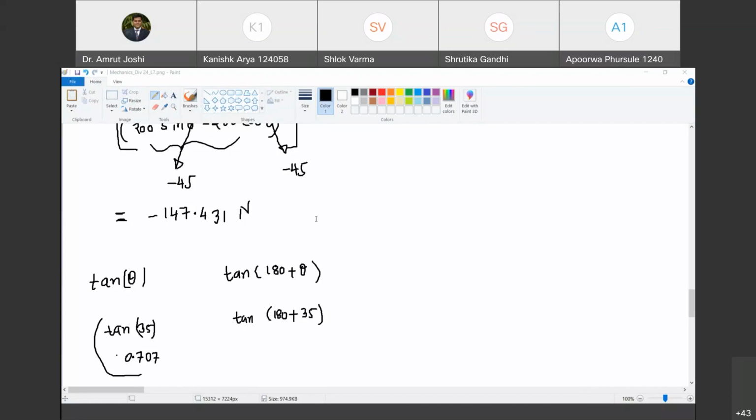Having said that, therefore, if we have a negative theta here, that negative theta doesn't have any physical meaning. Do you agree with me? Yes, sir. So to have a physical meaning for theta, we have to consider the next solution of that nonlinear trigonometric equation.